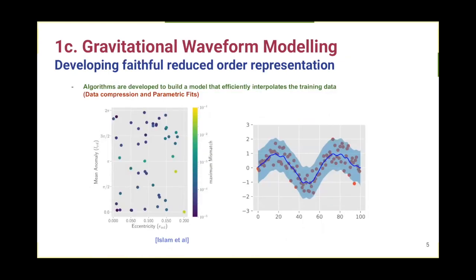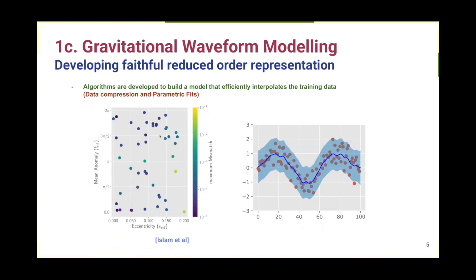And with these waveforms, what we typically do is populate a parameter space, shown here as a two-dimensional parameter space, and then we have different binary black hole simulations which are shown by these dots, scattered through the parameter space.